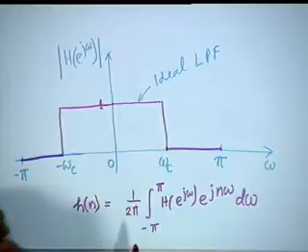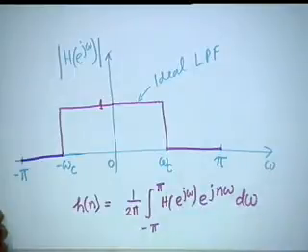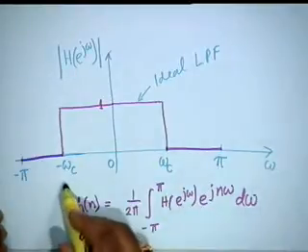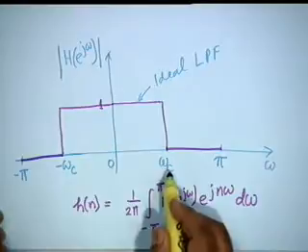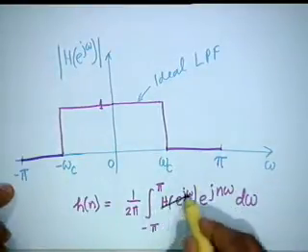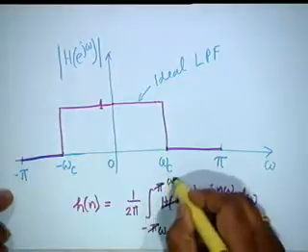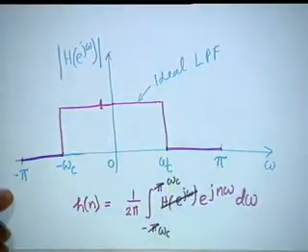That is the impulse response. The inversion of this, and if this is equal to 1 between minus omega c and plus omega c, and the rest of it is 0, then you can replace this by 1 if I replace minus pi by minus omega c and plus pi by plus omega c, right.